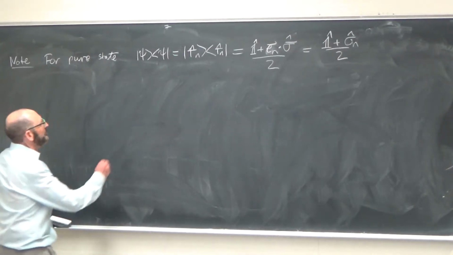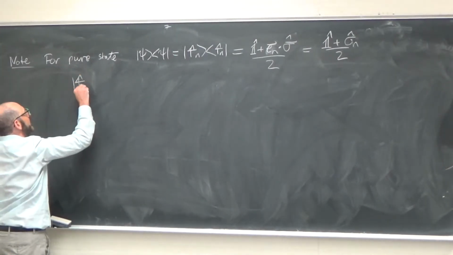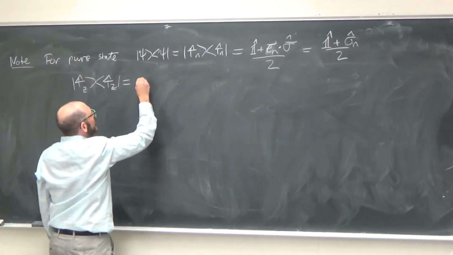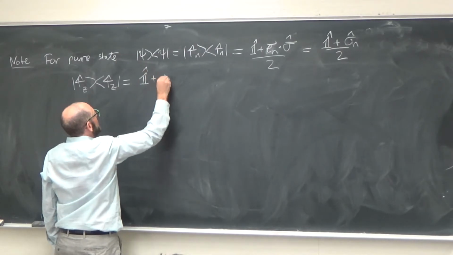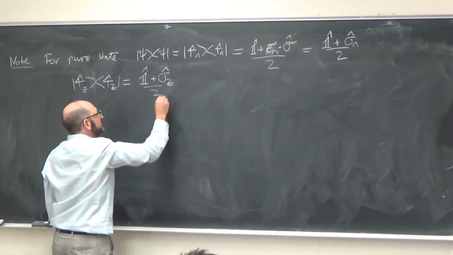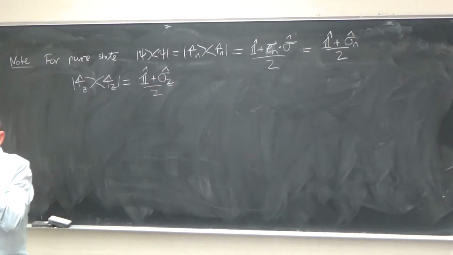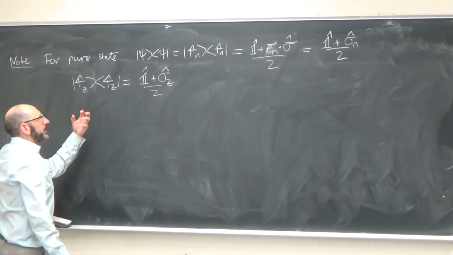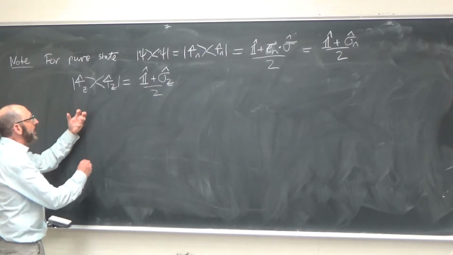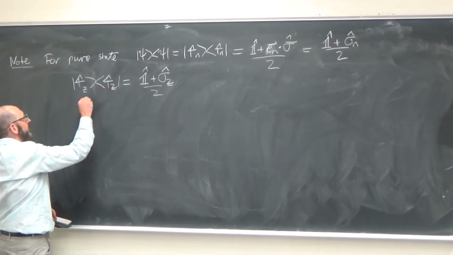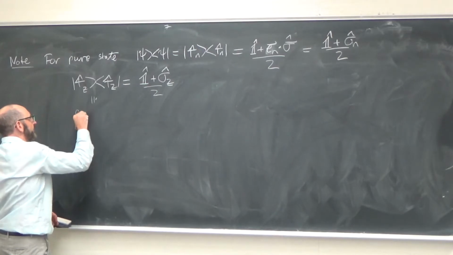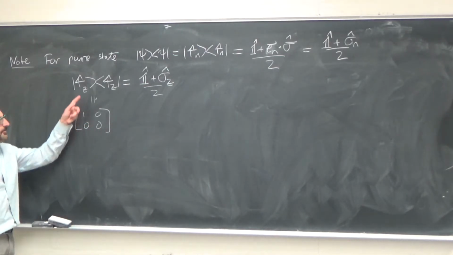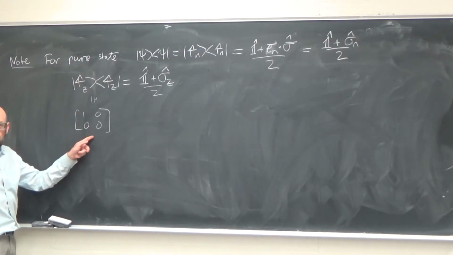For example, up along z is equal to the identity plus sigma z over 2. You can kind of see that in your head by thinking about the matrices. In the matrix representation, this is that guy, the guy that just had a 1 on the diagonal.